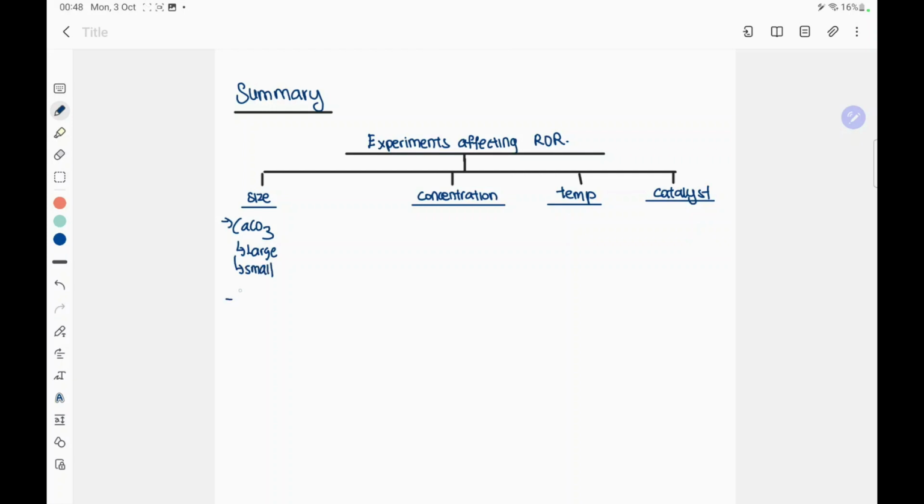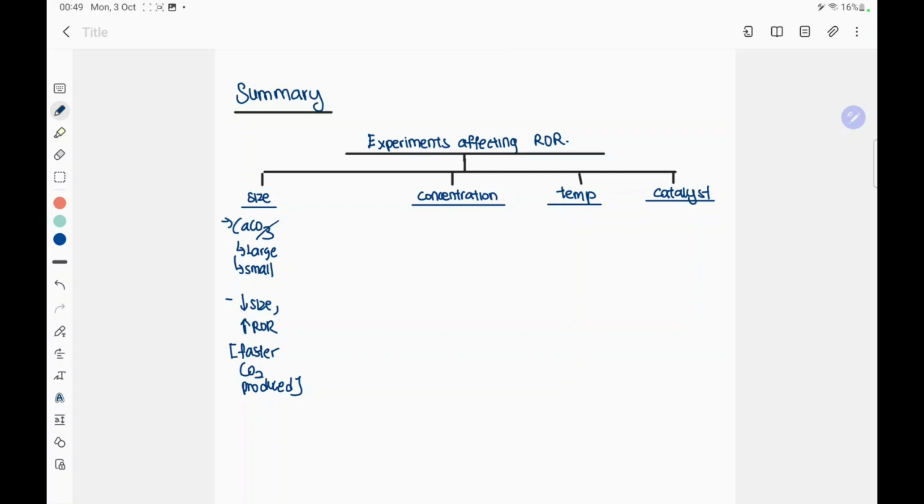We know that when the size becomes smaller, the rate of reaction becomes higher. Why? Because faster carbon dioxide gas is being produced when you use a smaller size of these calcium carbonate marble chips.